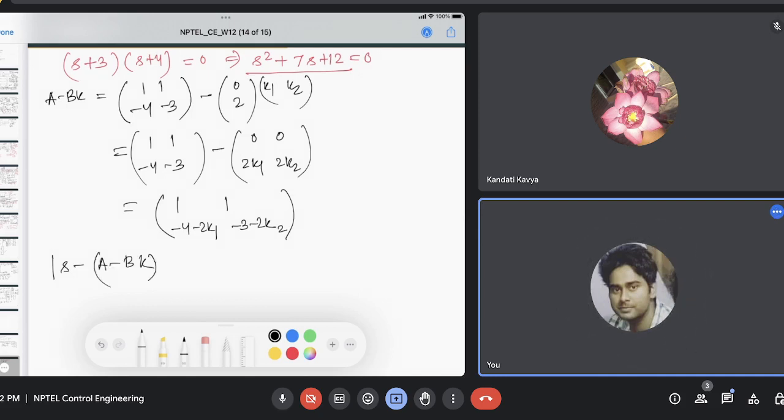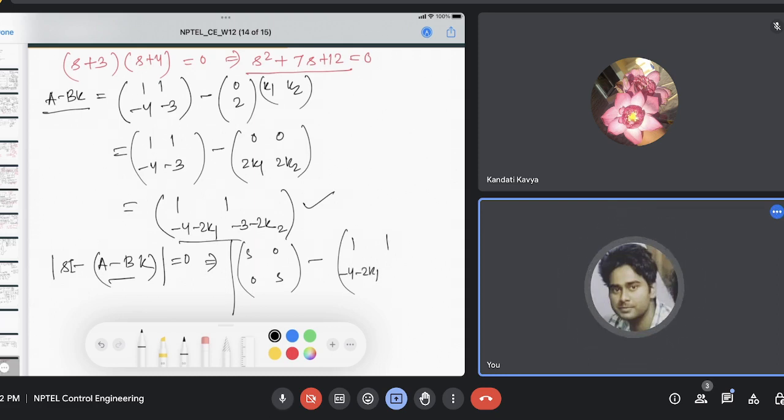The characteristic equation associated with this closed loop A minus BK matrix is determinant of sI minus (A minus BK) equal to 0. So this is s times the identity minus [1 1; -4-2k1 -3-2k2].